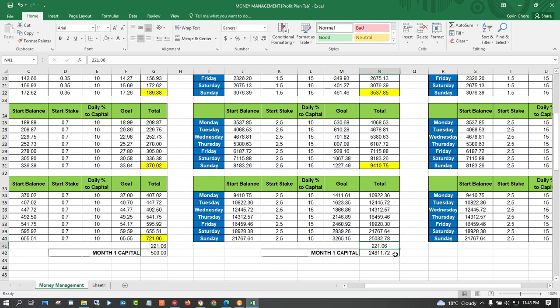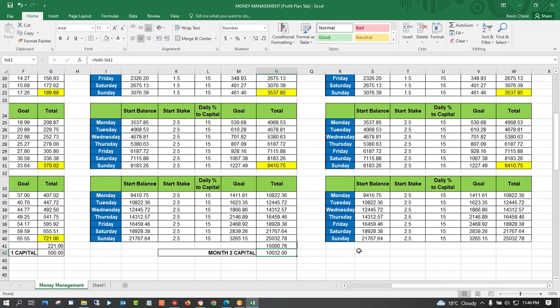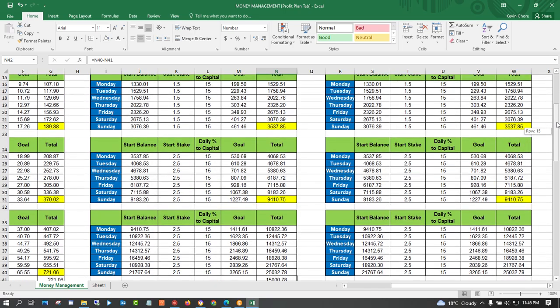So let's take, for example, now I withdraw, let's take, yes, that's what I want to withdraw. Okay, so this now will be our month 2 capital, right? And then we go with this, we start with it here.